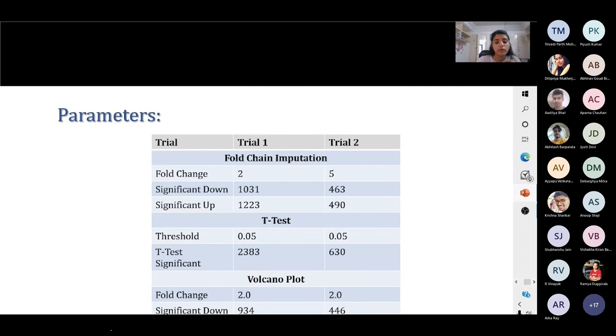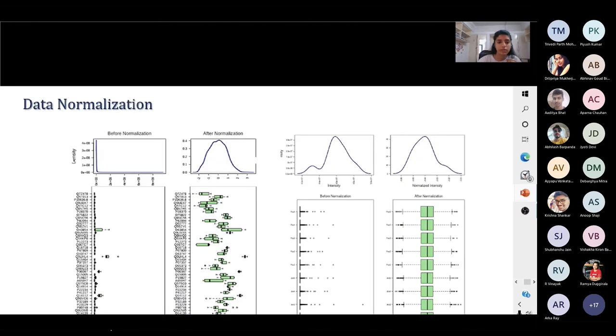I have performed the following trials where I have tried to play with various parameters for fold change, t-test, and volcano plot. Parameters like p-value threshold or fold change values were changed. First, normalization was performed using log transformation, and we can see that the majority of the proteins were not normalized properly.